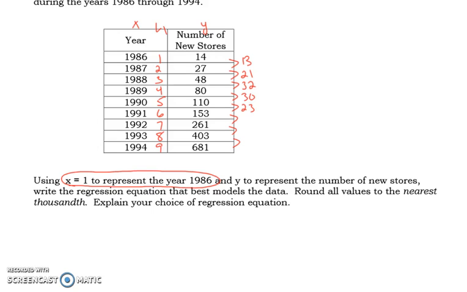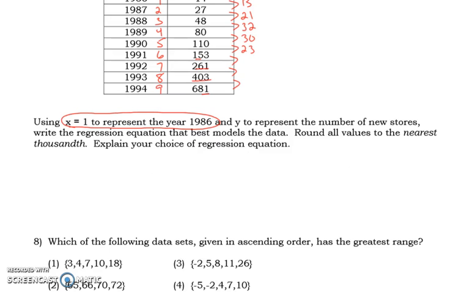Since these are increasing quite significantly, a lot more than in the 20s and 30s, I'm going to use an exponential regression, because the y's are increasing quickly. So what you're going to do is put your data in L1 and L2, and then you're going to do an exponential regression.